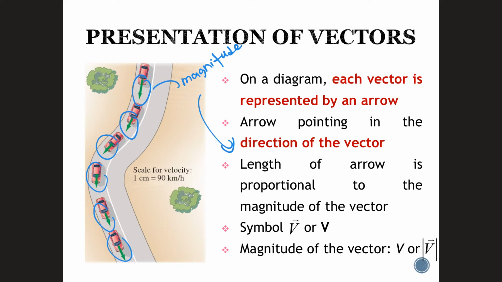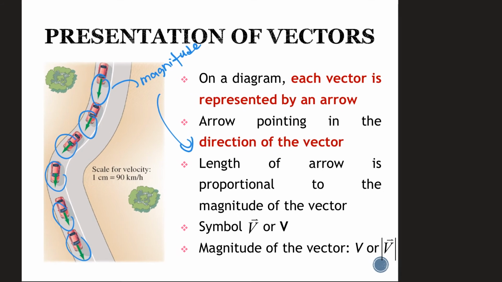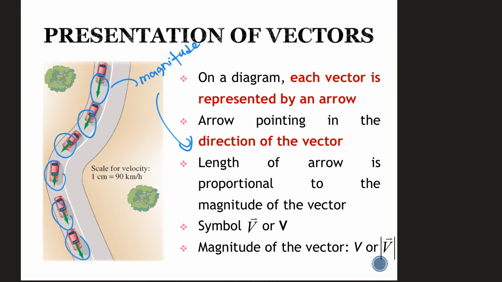You can easily identify whether it is vector or scalar based on the symbol given. Some books use bold for the physical quantity to represent the vector, or you can put a v with a cap over there, or V with an arrow over there. So basically, these are the symbols of the vector.